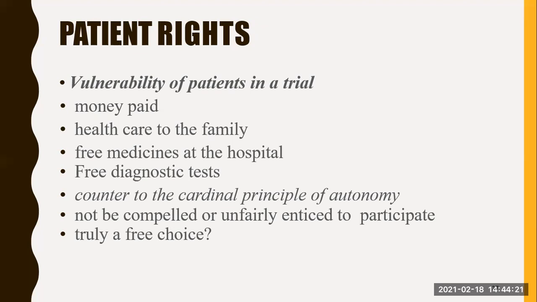So, keeping that in mind, patients take part in the clinical trials. Then free medicines at the hospital. So this is the third one. Then the fourth one is free diagnostic tests. Okay. Then the fifth one is the counter to the cardinal principle of autonomy.